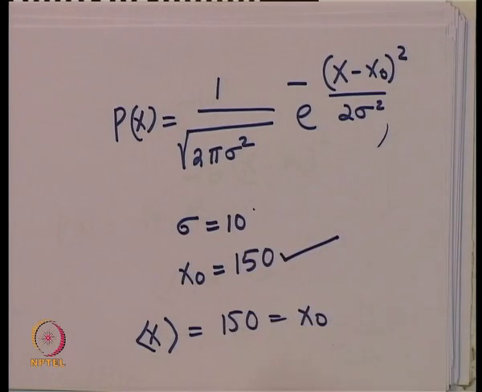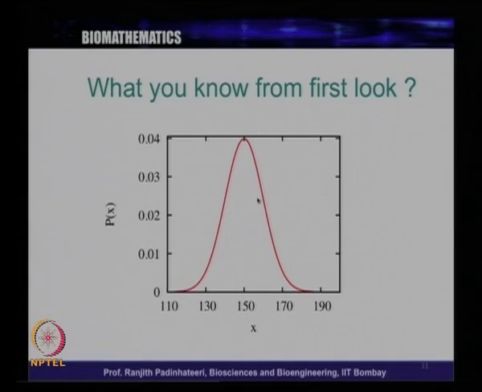And how do we find sigma? It turns out that sigma is related to the width of the distribution. If you look at the slide, the width, this distance, is related.